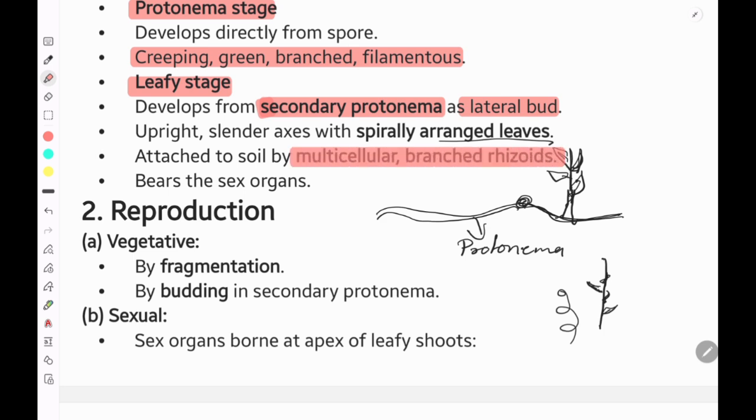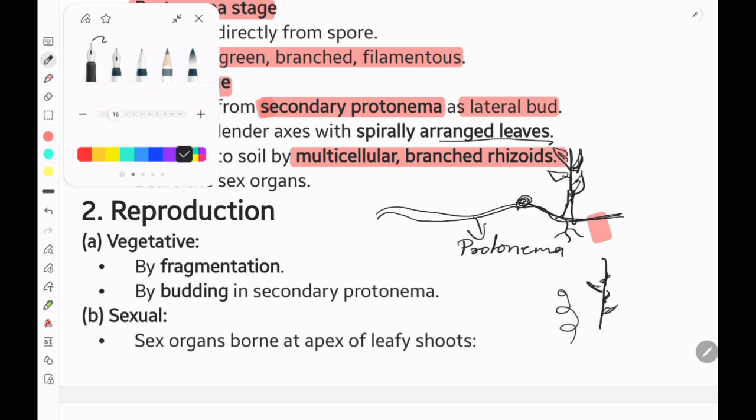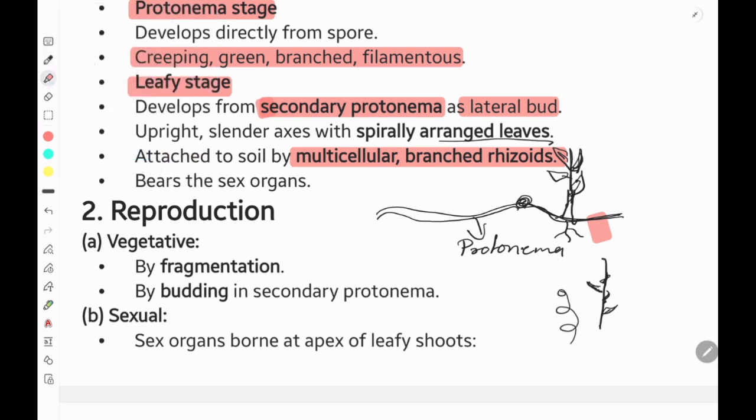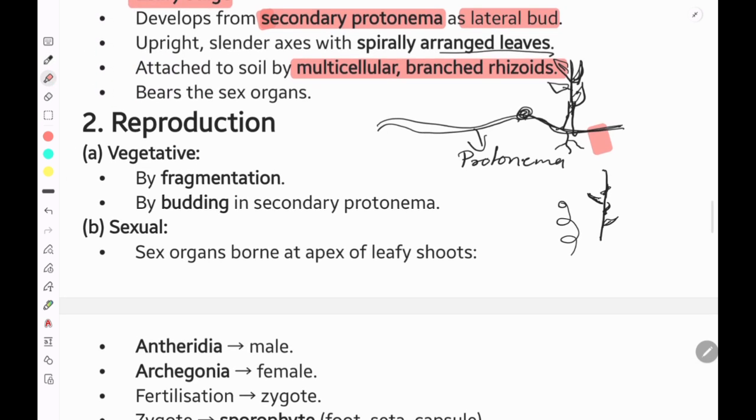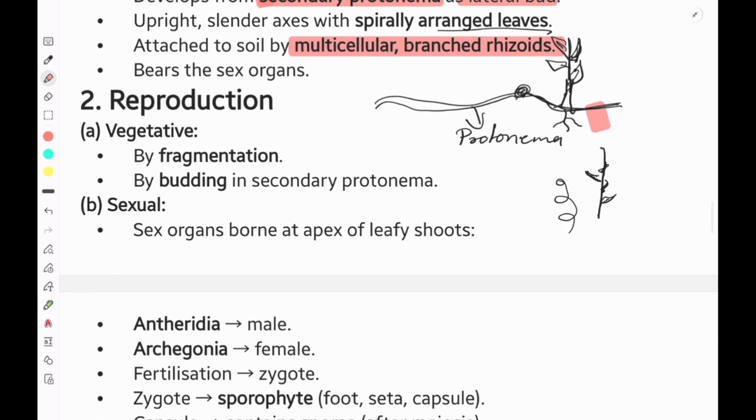They have multicellular branched rhizoids, means the rhizoids will be like this. And they bear the sex organs. Reproduction.